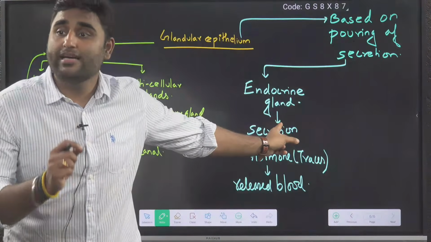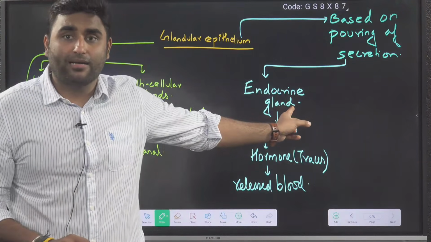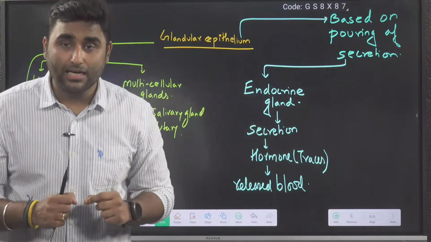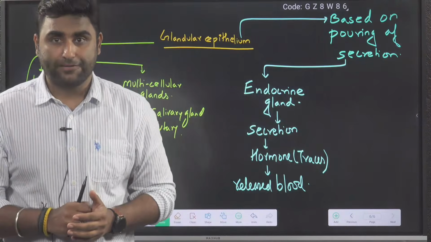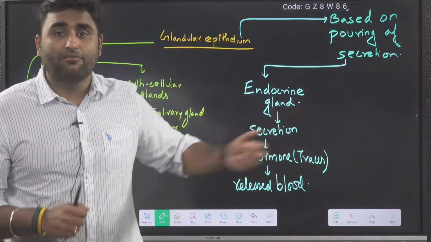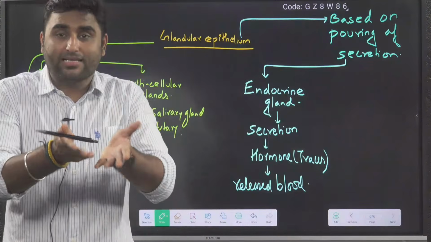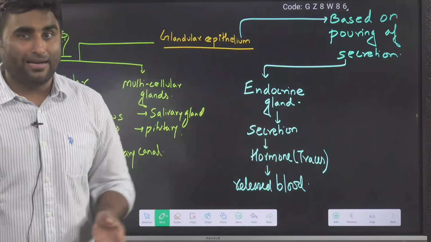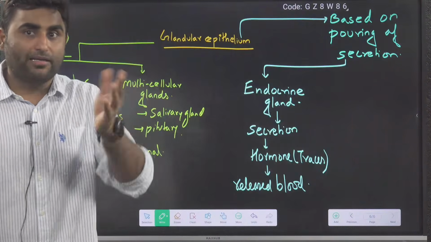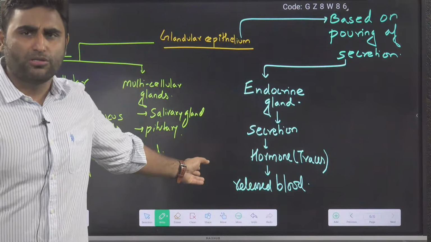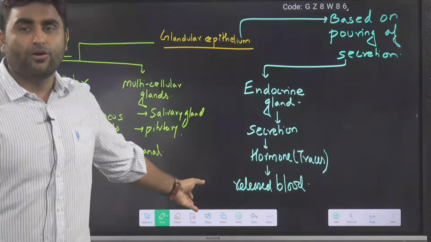Endo here means inside. Crine is a Latin word meaning crying, and crying means secretion. So this gland is crying. Where are the tears going? Tears mean hormones, and they are going into the blood.